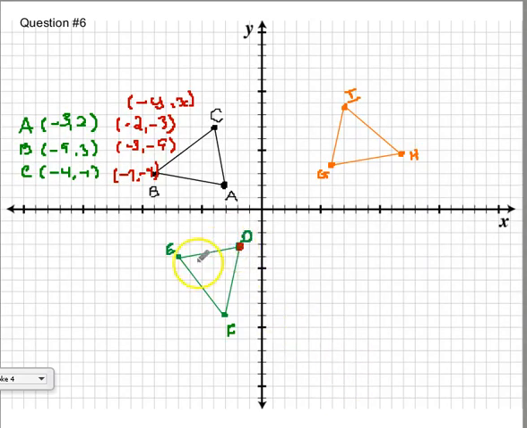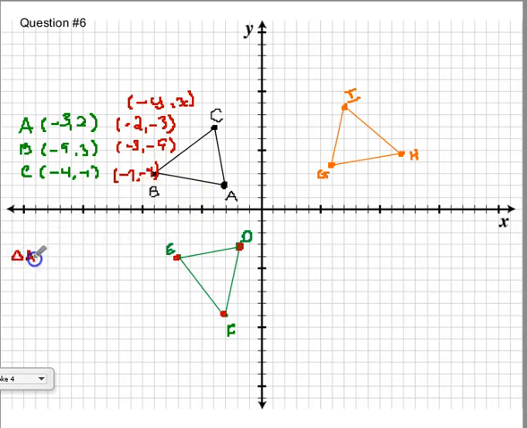Oh, interesting. How about -3, -9? Fantastic. And then of course -7 and -4. So we can see that we can prove these two triangles congruent by rigid motions.